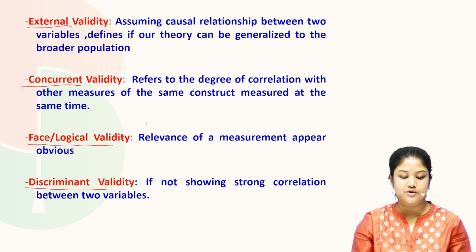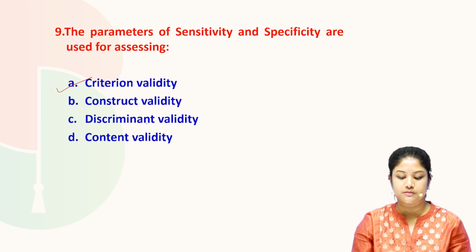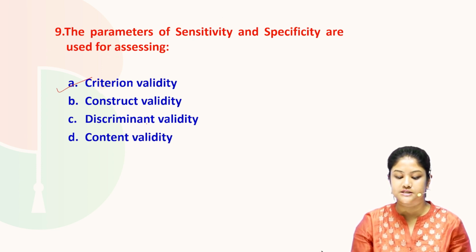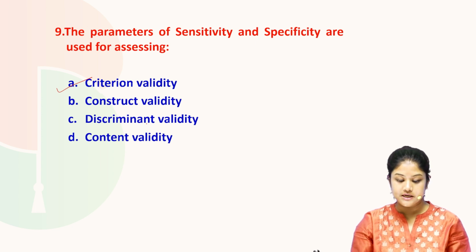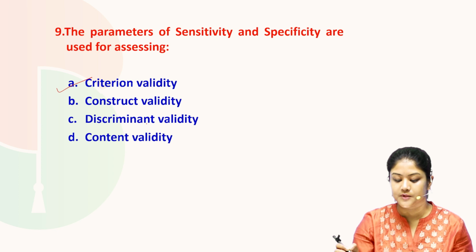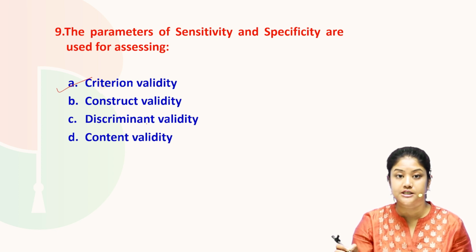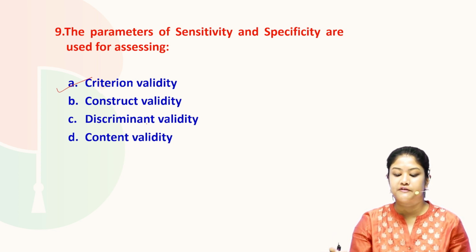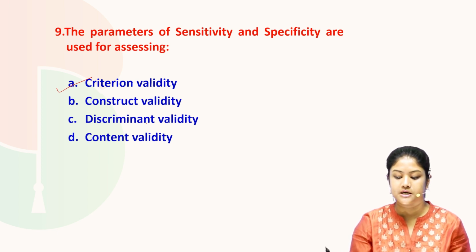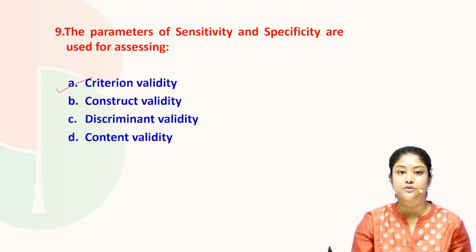So another probable question that may be asked from this particular question is, you may be asked to find out the sensitivity and specificity in MCQs. To find out the sensitivity and specificity in any particular question, different values will be given for you to calculate. But before that, you should know the formula.